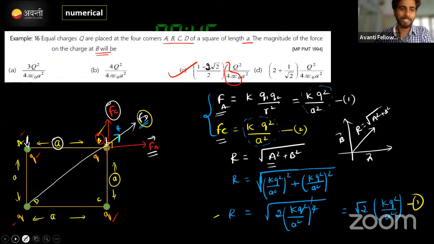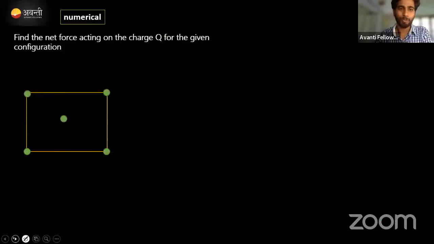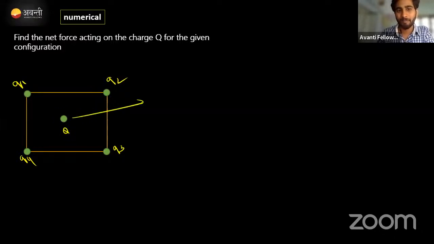If it is clear, guys, I will give 2 more problems for homework. Take this one also as homework. I'm asking here, in 4 corners, I'm placing 4 charges, Q1, Q2, Q3, Q4. At the center, I'm going to place one more charge Q, capital Q. Find net force acting on it.